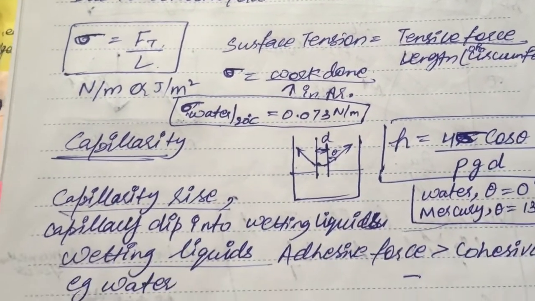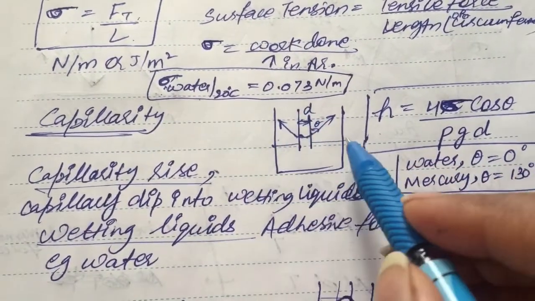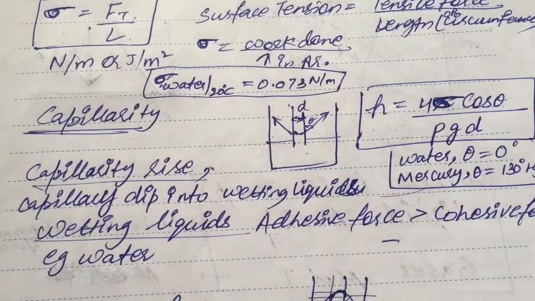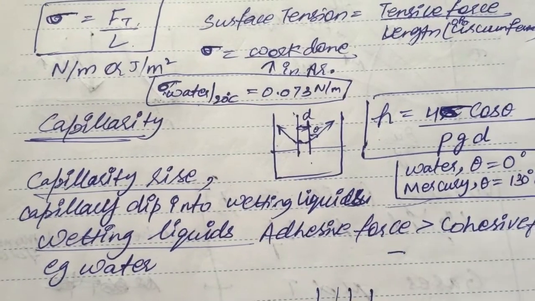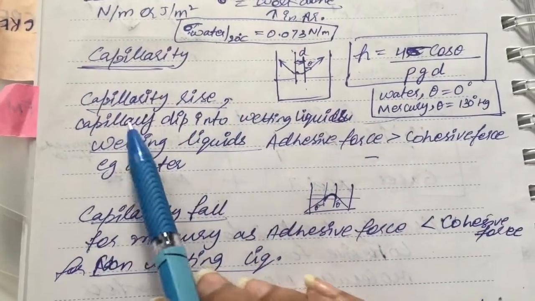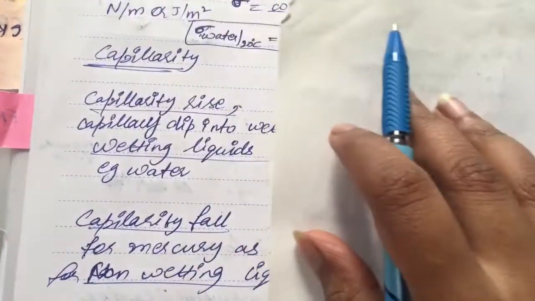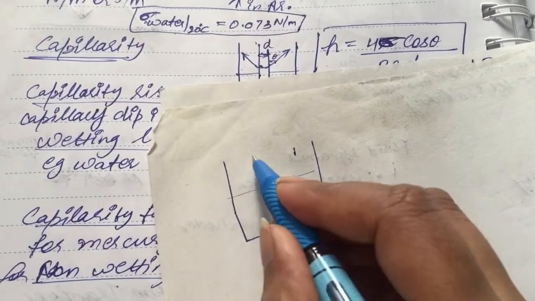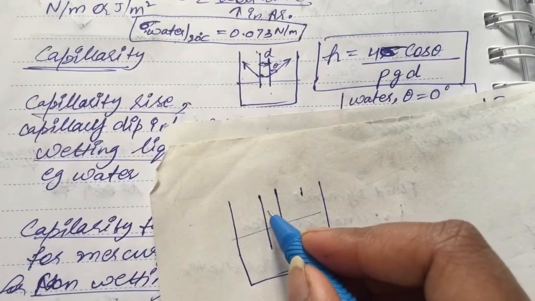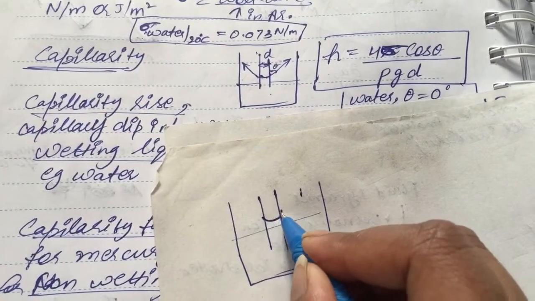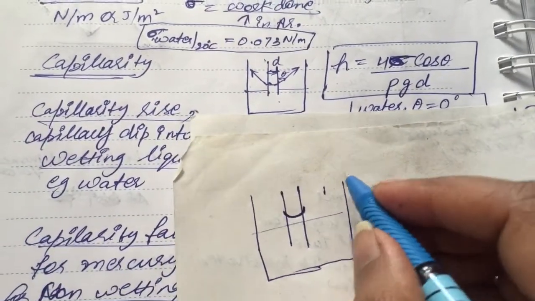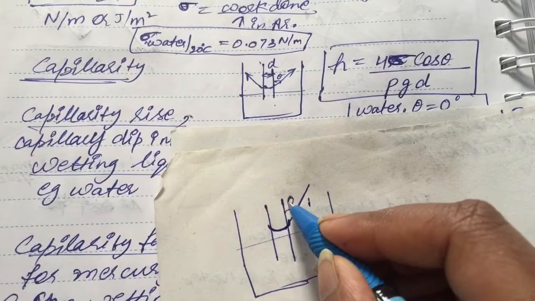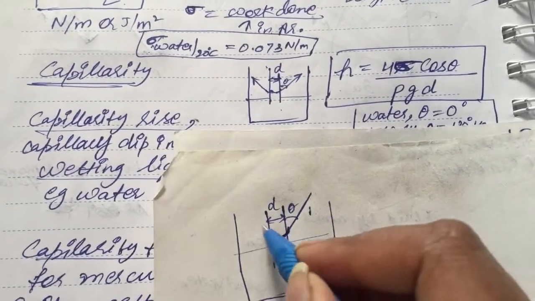Then we have the concept of capillarity. So in a fluid we have a capillary, and its diameter is given as d. In capillarity there are two concepts, capillarity rise and capillarity fall. In case of capillarity rise, we have a fluid in which a capillary is dipped, and this is our level of fluid in the capillary, and it makes an angle theta, and d is the diameter of the capillary tube.